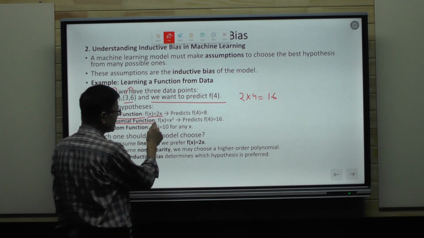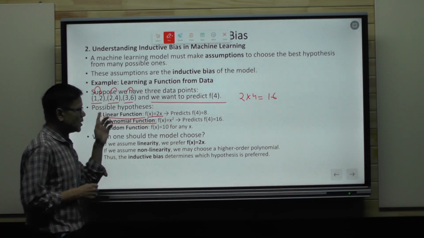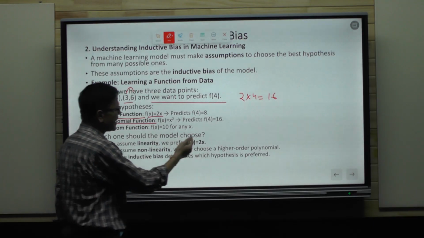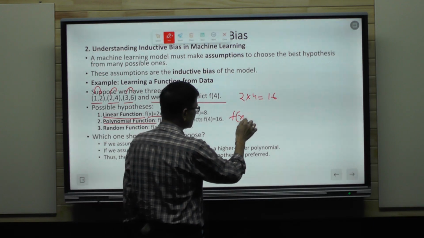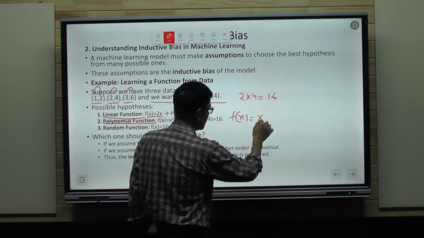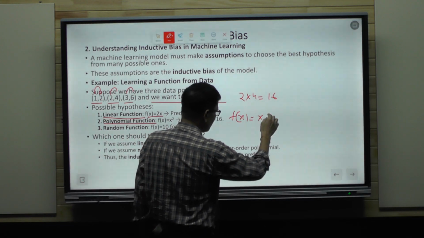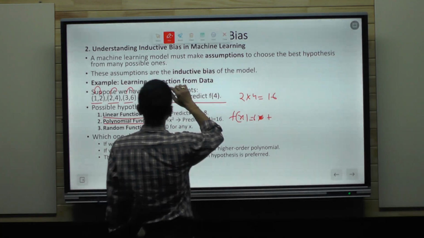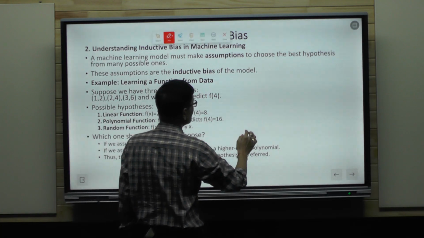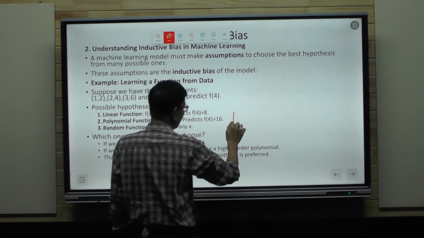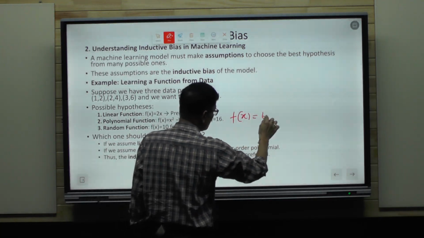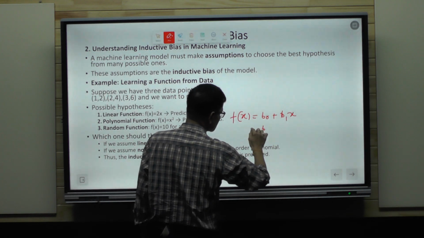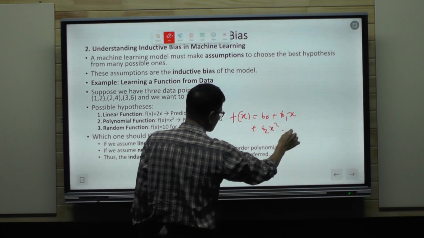Whereas it can be a polynomial function also. We can have some function like f(x) = b0 + b1x + b2x² or something like that.